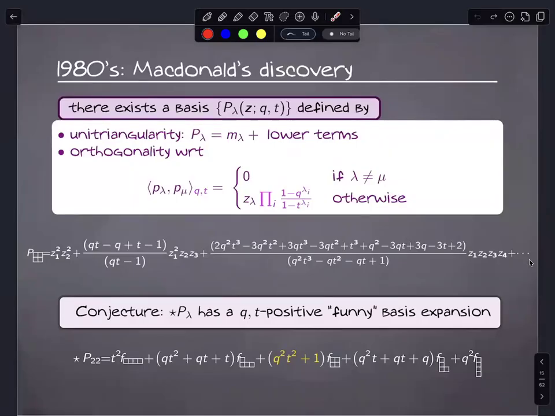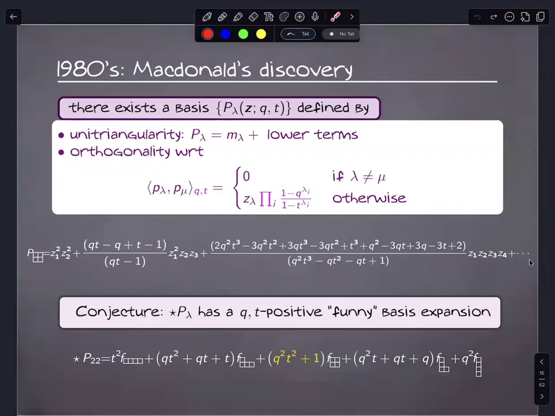It's just not a basis you would ever really work that much with, at least in this community. But some funny basis exists so that you can combine the terms, and when you expand this Macdonald polynomial, or a scalar multiple of it, you get these beautiful sums of Q and T's. And he conjectured that the basis defined in this weird, uninspired way, in fact, has a QT positive sum of funny basis elements.